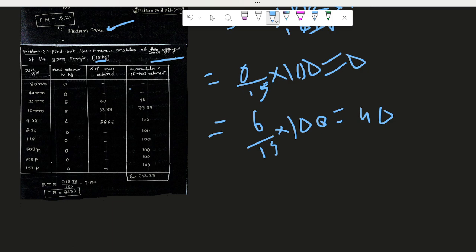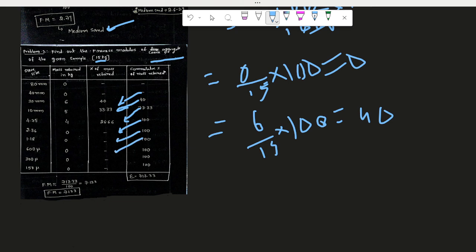Next, cumulative: 0 plus 0 is 0, 0 plus 40 is 40, 40 plus 33.33 is 73.33, 73.33 plus 26.66 is 100, 100 plus 0 is 100, 100 plus 0 is 100.